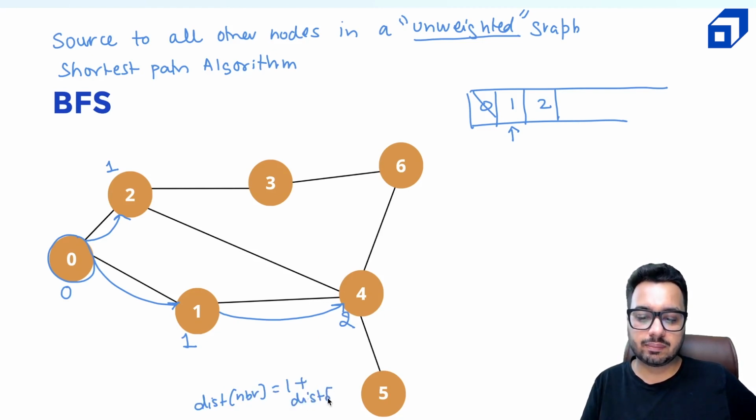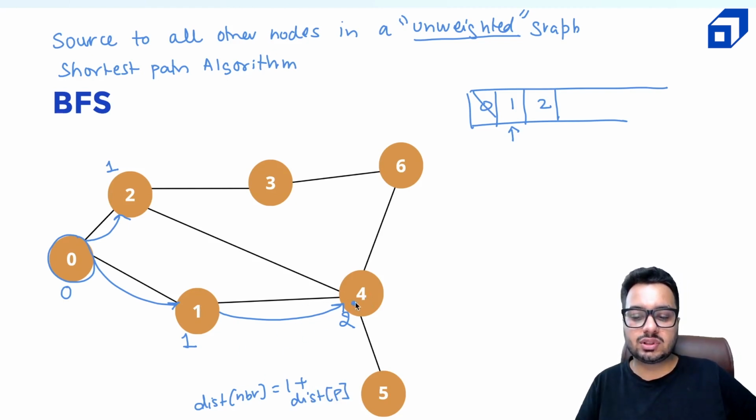The parent's distance is 1, the child node is 4, and 4's distance is 1 more than the parent. So I will visit 4 and push 4 into the queue. Next I will remove 2. 2's neighbors are 0, already visited.